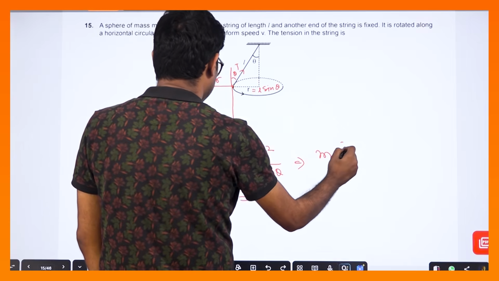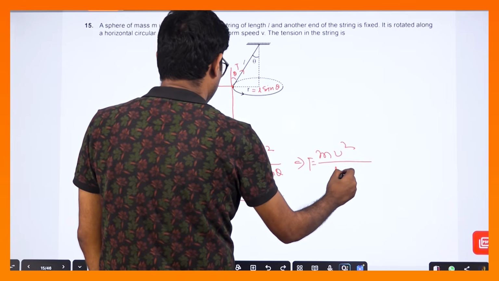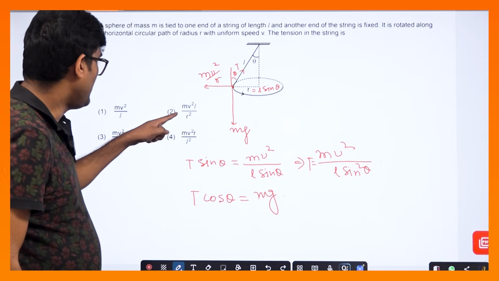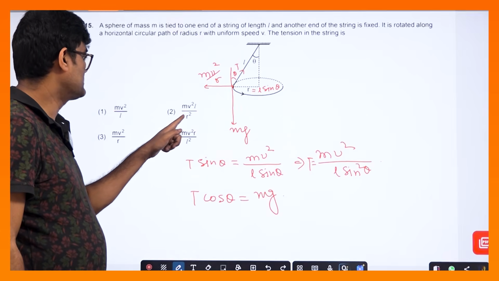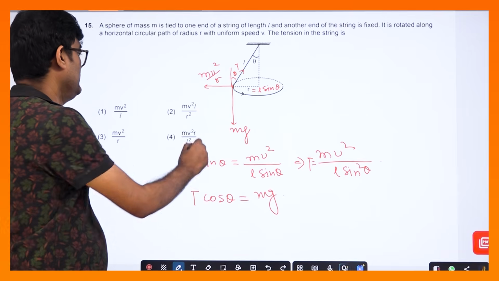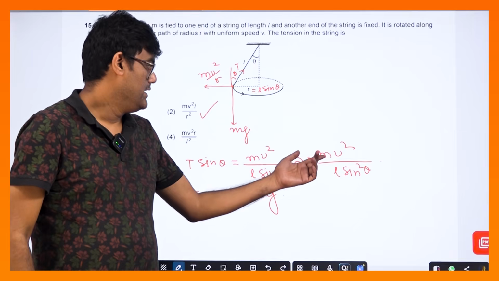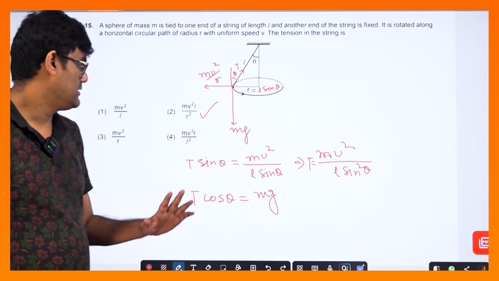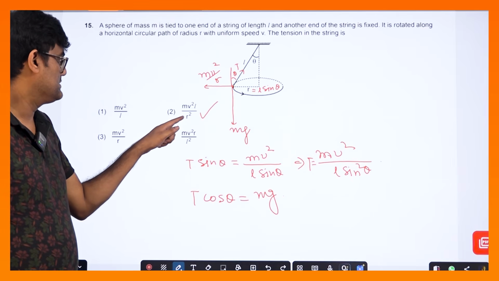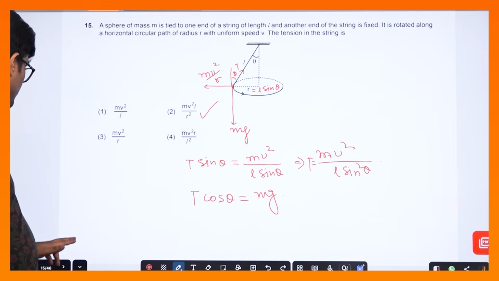T equals mv square by L sin square theta. If you put the value of R to be L sin theta, we get L square sin square theta, and there is another L in the numerator. So I think option 2 is the correct choice for this question. It is just an adjustment. T is equal to mv square by L sin square theta. Now R is equal to L sin theta, so if you replace R in the expression in the option, you will get the same thing. So option 2 is the correct choice.